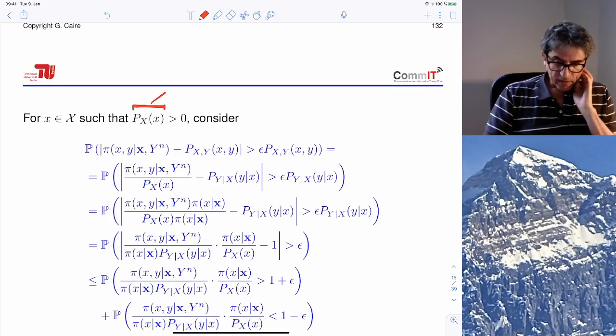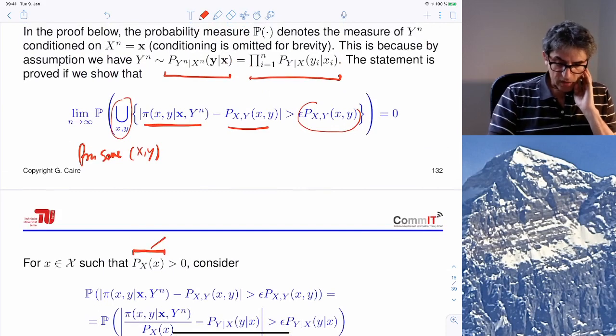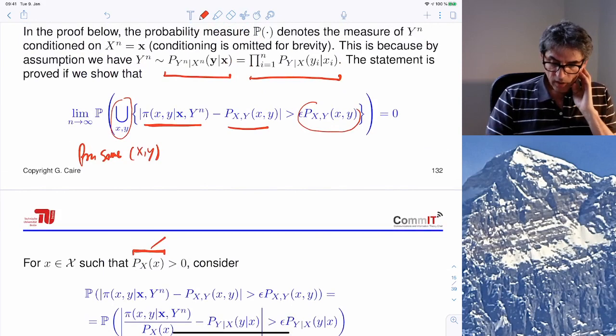this probability. This is a union, right? So every time we have a probability of a union, and we want to show that this probability goes to 0, well, we can use the union bound.